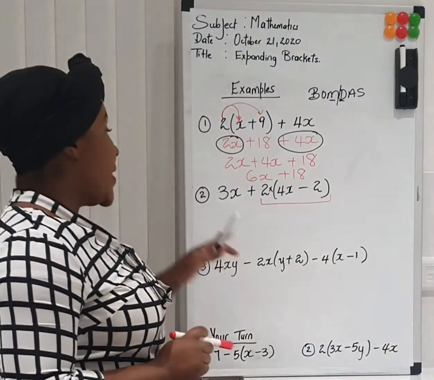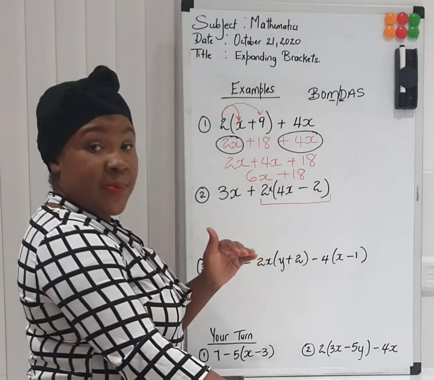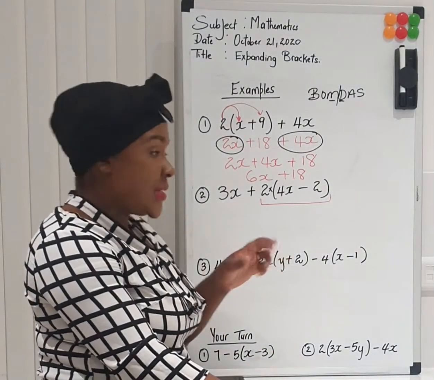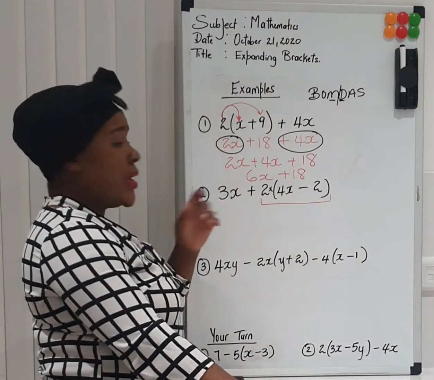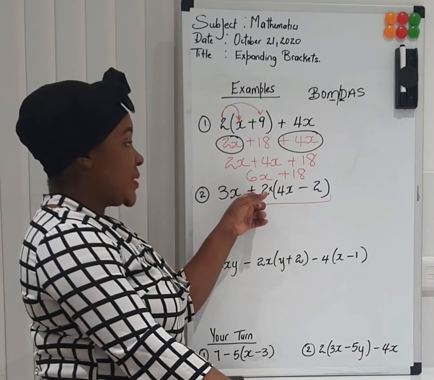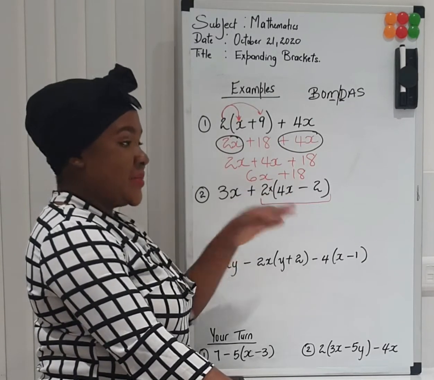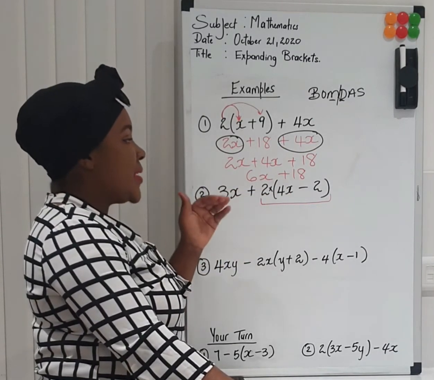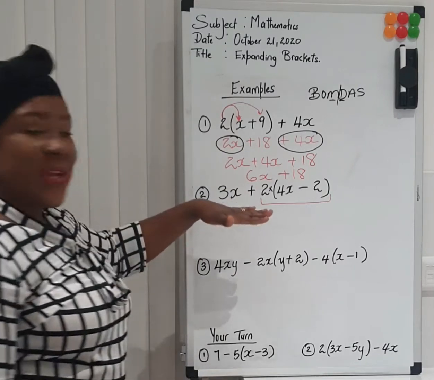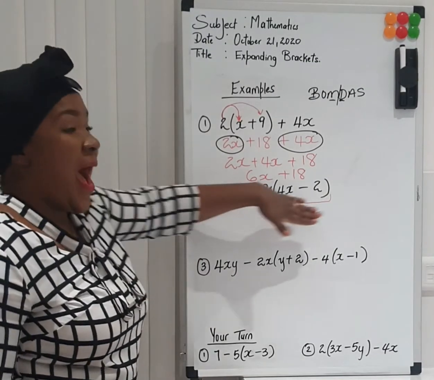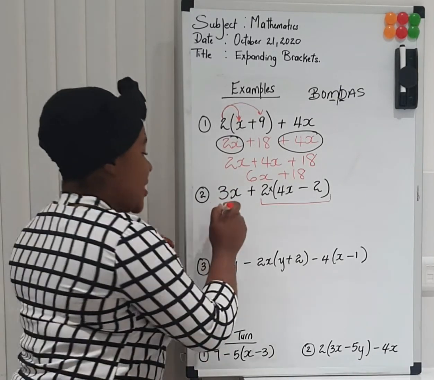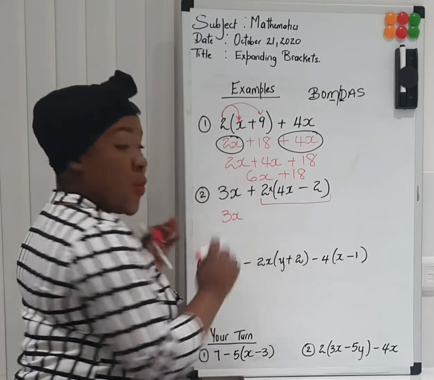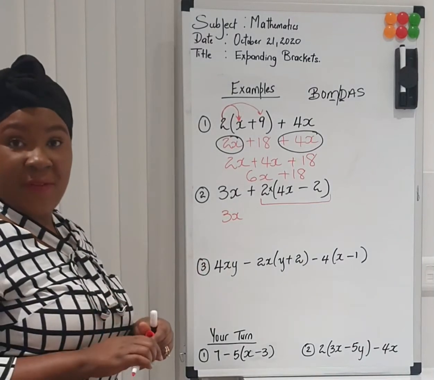What is multiplying the bracket? Is it 3x multiplying the bracket? Oh no, it says 3x plus 2 times 4x minus 2. So the multiplication is happening between the 2 and the bracket. So this 3x is just going to be here, holding on until we're ready for it.